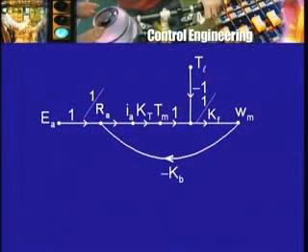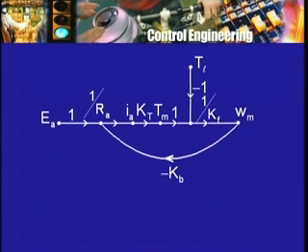What is the delta for this signal flow graph? This time how many loops are there? There is only one loop, right? There is only one loop. So what is the loop gain? Simply take the product of these terms, 1 by Ra into Kt into 1 by Kf into minus Kb, that is the loop gain.